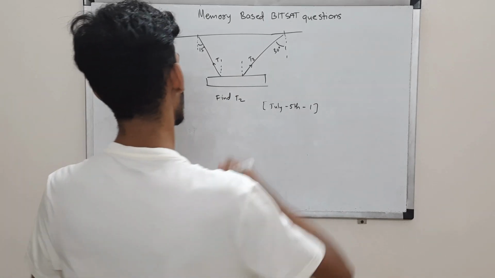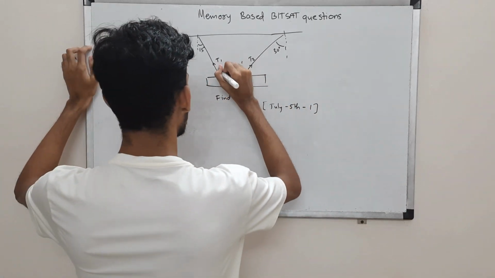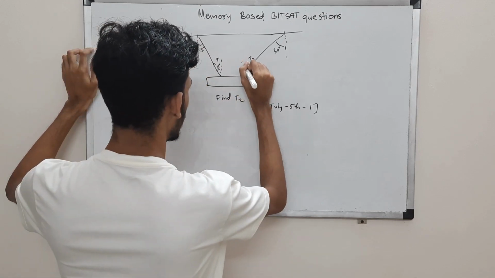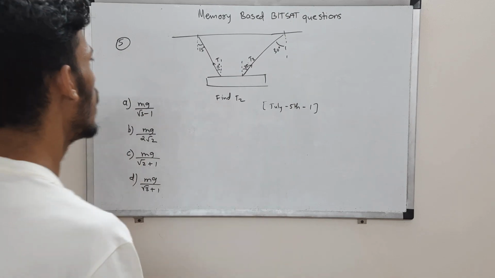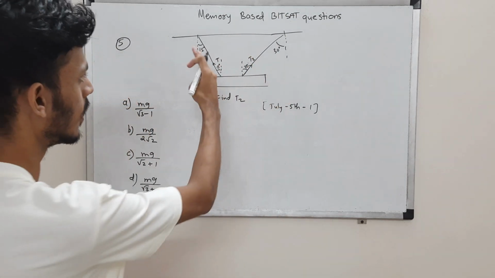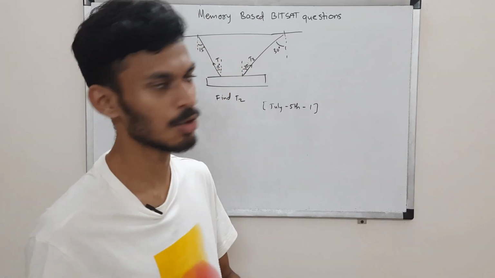So first of all, we'll split up these tensions into vertical and horizontal components. So this angle will be also 15 degrees, alternate angles, right, and this will be 30 degrees, alternate angles, okay. So let's split them up. If you see, the vertical component is the adjacent one, and adjacent to theta is cos theta, okay.